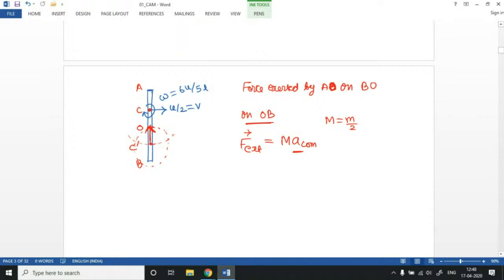Its centripetal acceleration, that would be ACOM, towards C, will be equal to omega square into L by 2.